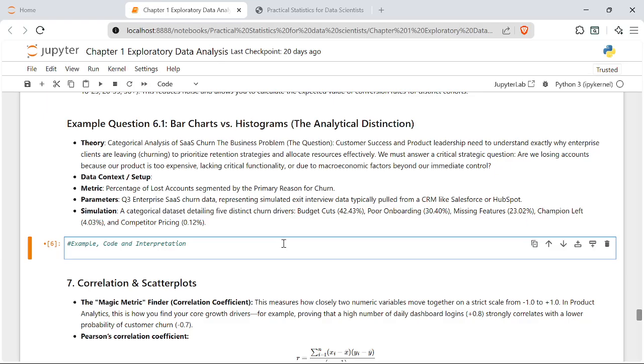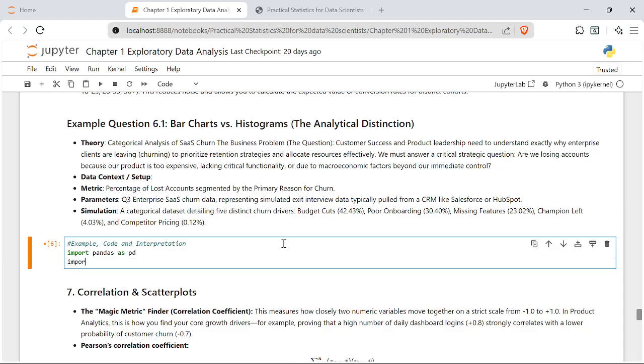Okay, import pandas as pd, import matplotlib.pyplot as plt.